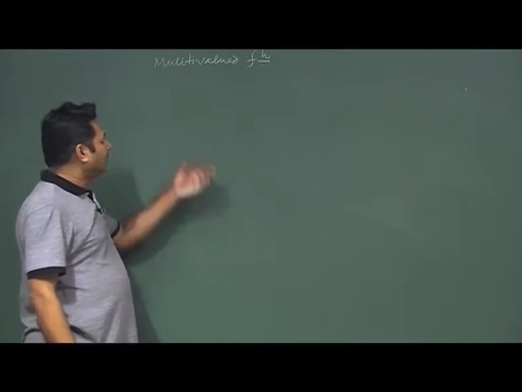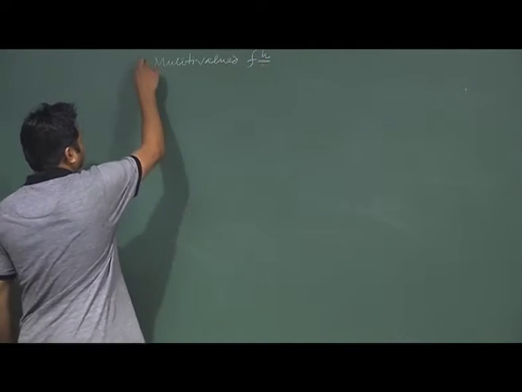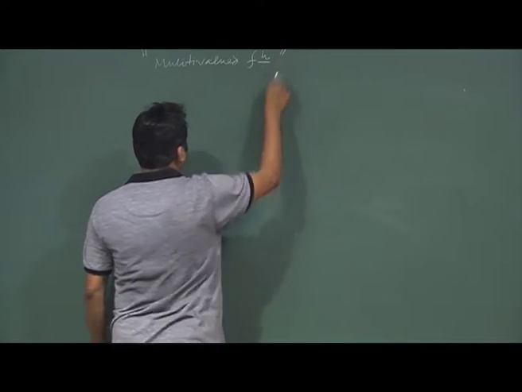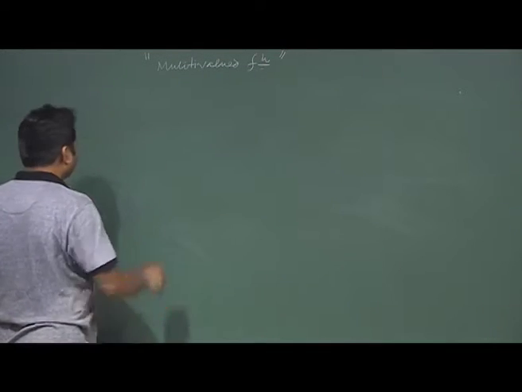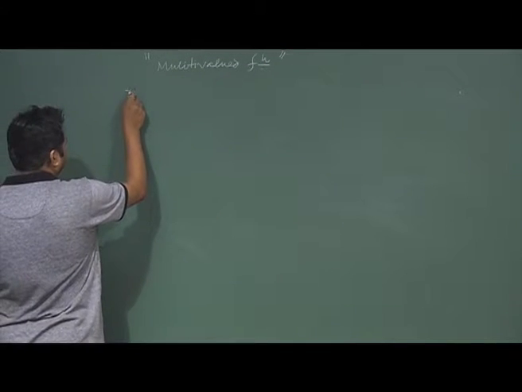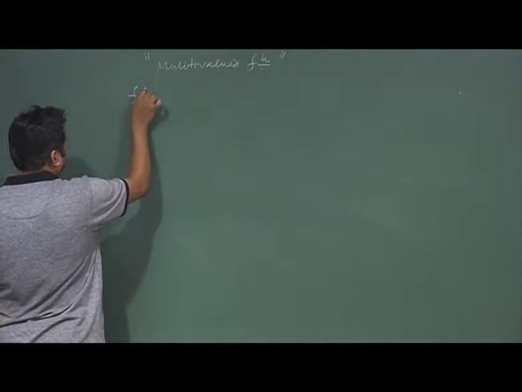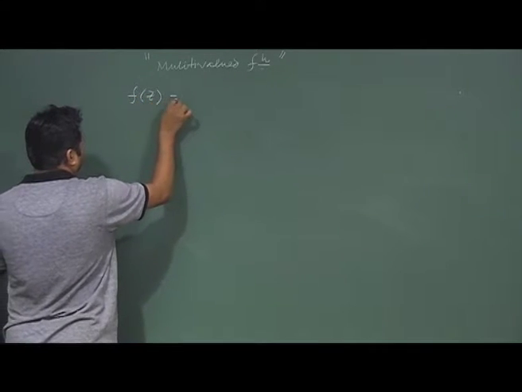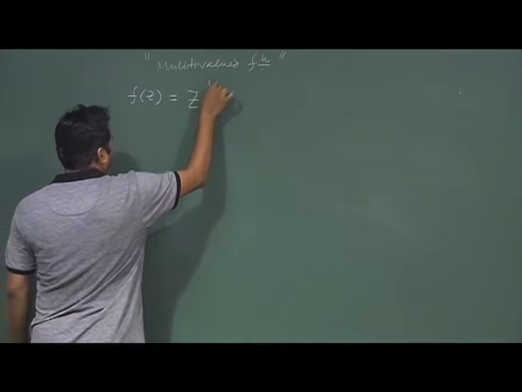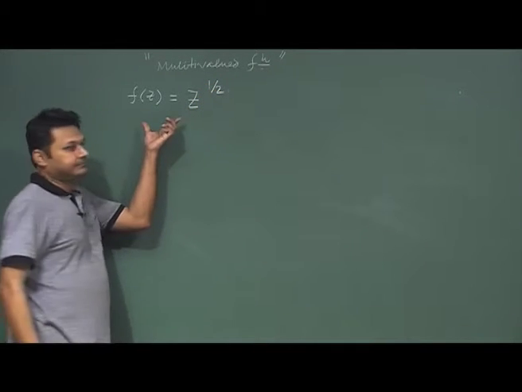This is not a very new thing, multi-valued functions, because we have already discussed these in our early classes. Let me give you an example. Say f(z) is z to the power half.